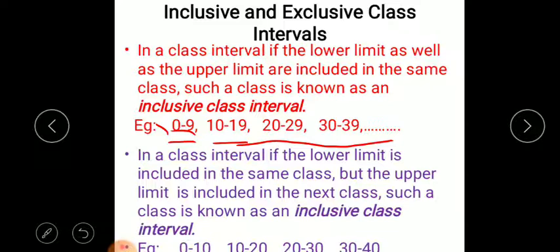Let us understand what an exclusive class interval is, then you will understand the difference between these two.